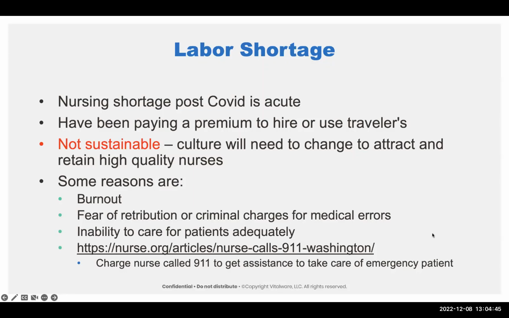If you go home feeling guilty every day because you couldn't provide the quality care the patient deserved because of the staffing, that's an issue, and it's going to burn out. So one of the articles, and quite frankly, this article is a scare article, but it incites a lot of thinking. A charge nurse in an emergency room.